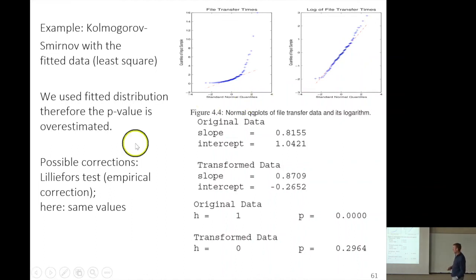If I do it with the Lilliefors test, I find here with 4 decimals exactly the same values. So at least in that case, this doesn't impact the decision. And that's pretty much the state of the art for testing whether something is Gaussian. So there is the idea of Kolmogorov-Smirnov corrected for this thing and it gives Lilliefors here.